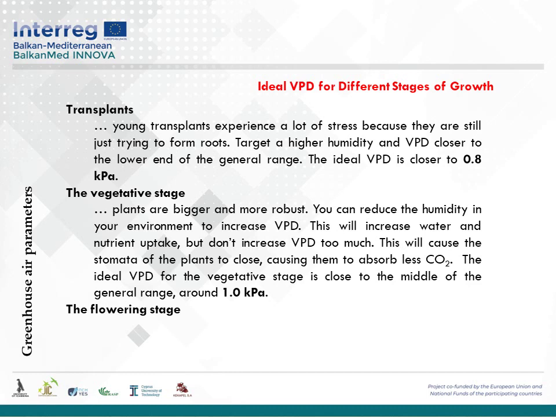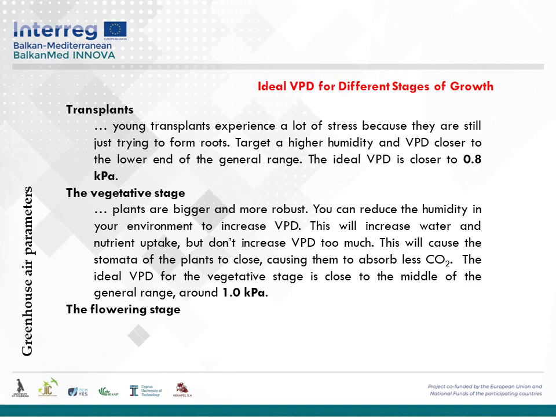During the vegetative stage, plants are bigger and more robust. You can reduce the humidity in your environment in order to increase the VPD, and this will increase water and nutrient uptake, but anyway, don't increase the VPD too much. This will cause the stomata of plants to close, causing them to absorb less CO2.